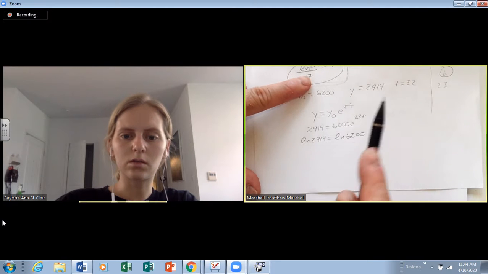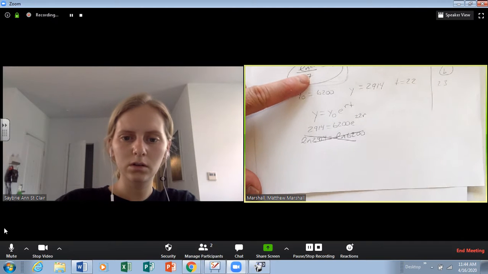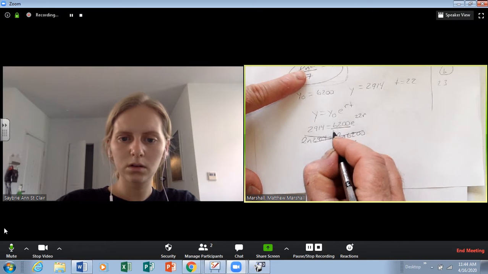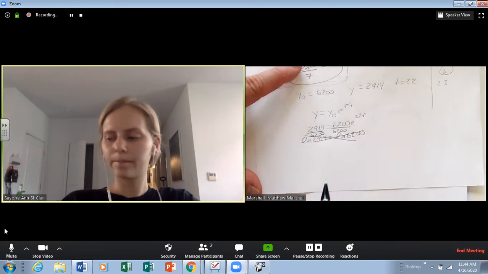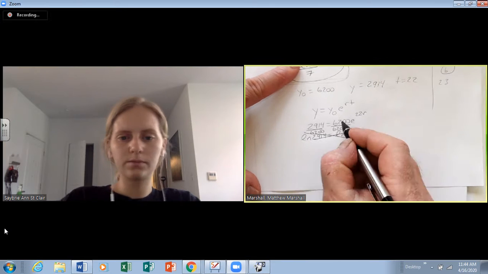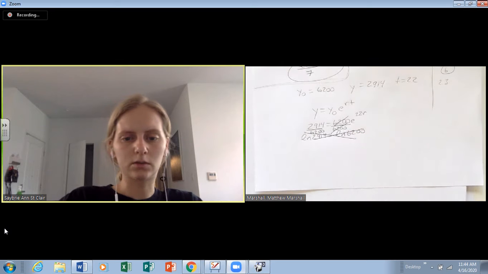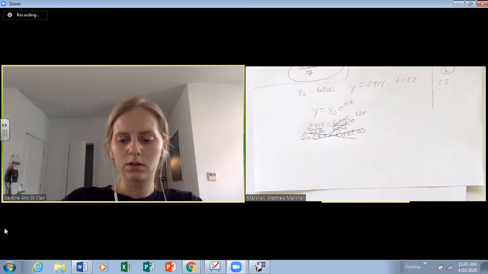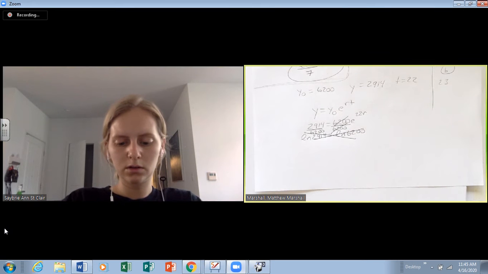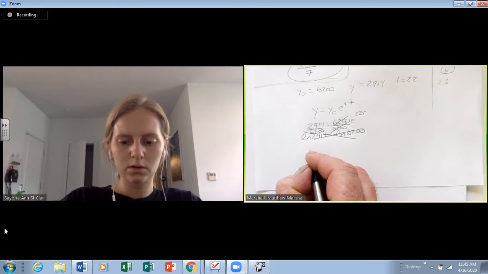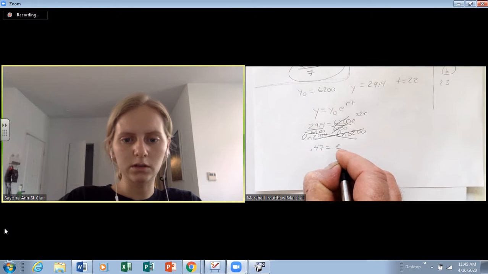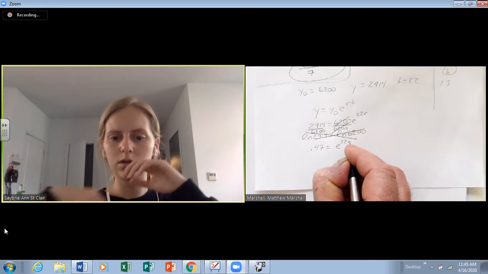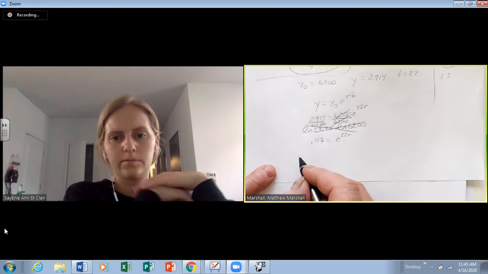So can we divide by 6200 first, before I start doing natural log there. 2914 divided by 6200 is 0.47. Alright, now I'm going to natural log that.